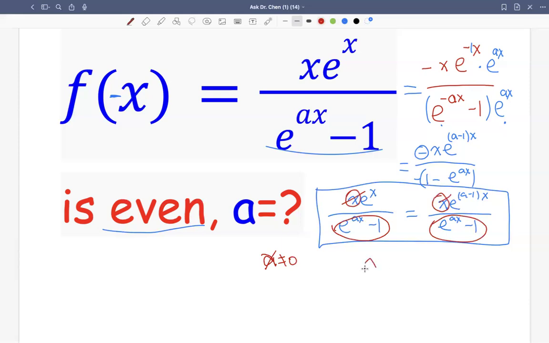So e to the x on the left-hand side equals e to the a minus 1x. On both sides, base e, so that means x equals a minus 1x. Remember, x cannot be 0, so we divide by x on both sides. We get 1 equals a minus 1. Add 1 on both sides, so a equals 2.